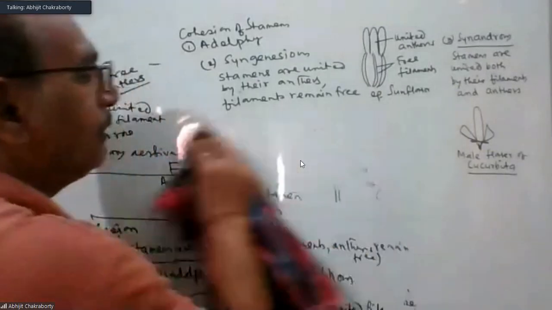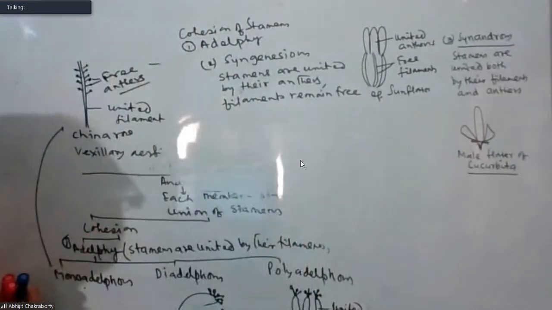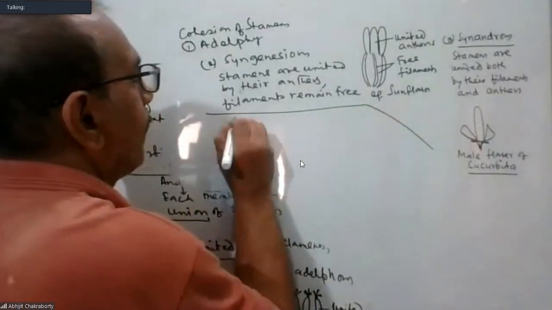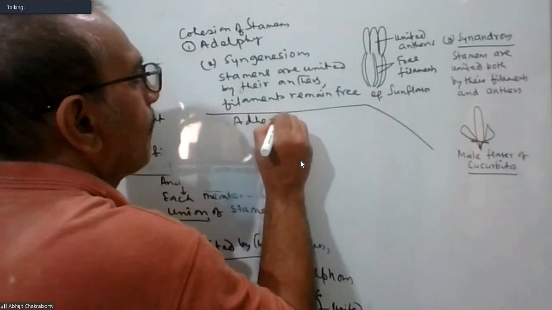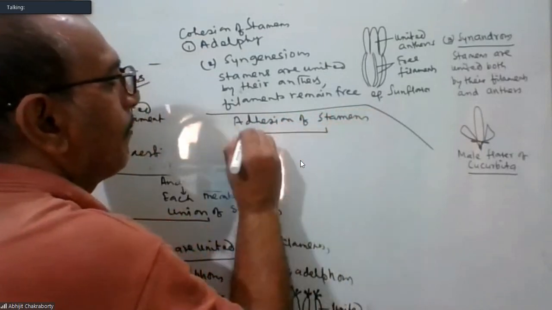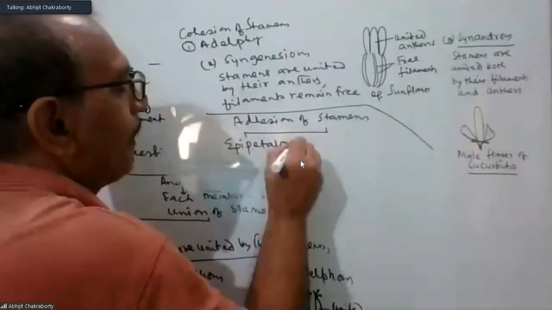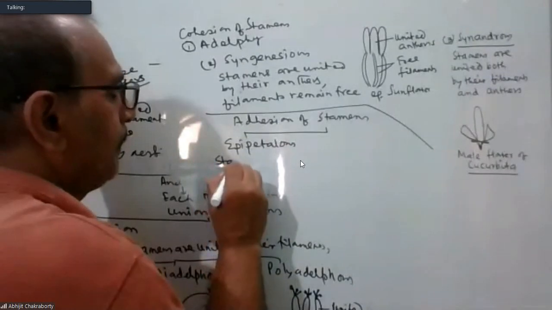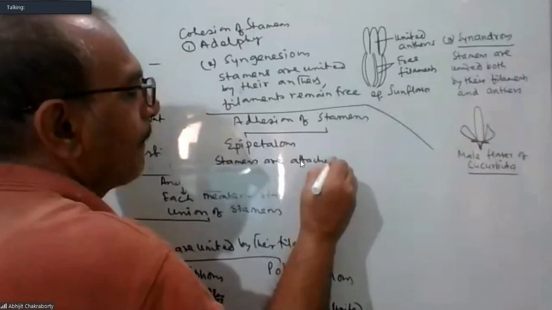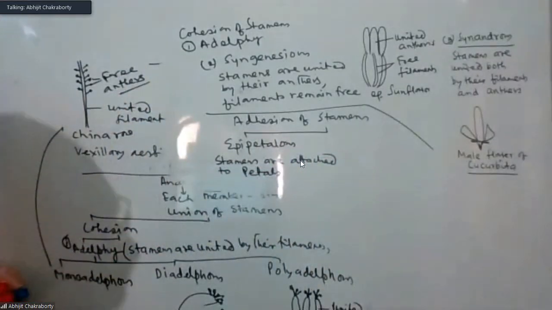Next, adhesion of stamens. Epipetalous: stamens are attached to petals.